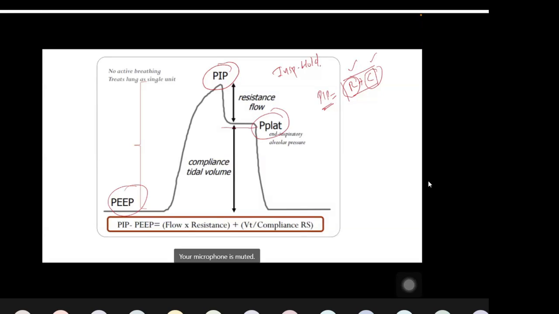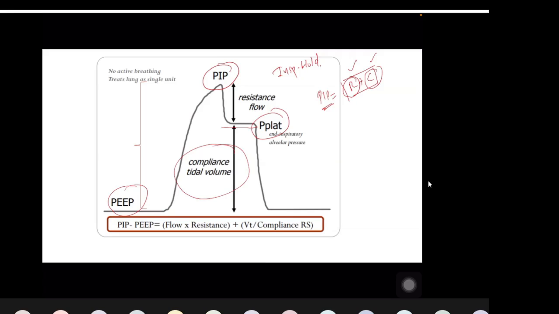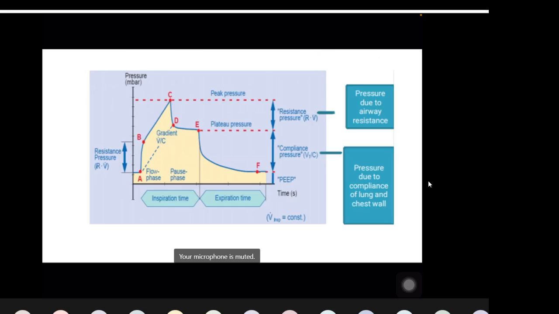So P plat demonstrates the compliance of the lungs, and the difference between the peak inspiratory pressure and the P plat represents the resistive part of the curve. This is the same diagram I am representing. Any condition that increases the difference between the P plat and P peak is due to an increase in airway resistance, and any condition that increases the P plat may be due to a decrease in lung compliance.